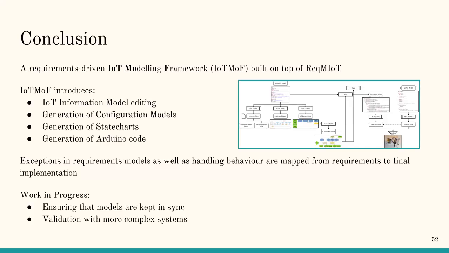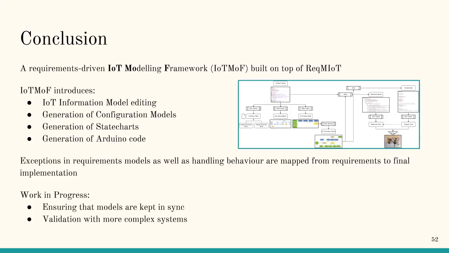In terms of work in progress, we're trying to ensure that models are kept in sync. Right now, whenever changes are made to the USIM for IoT file or model, those changes are propagated to the other models. However, in terms of future work, we would like to do the opposite, where if changes were made to the information model, it will also update the USIM for IoT model.